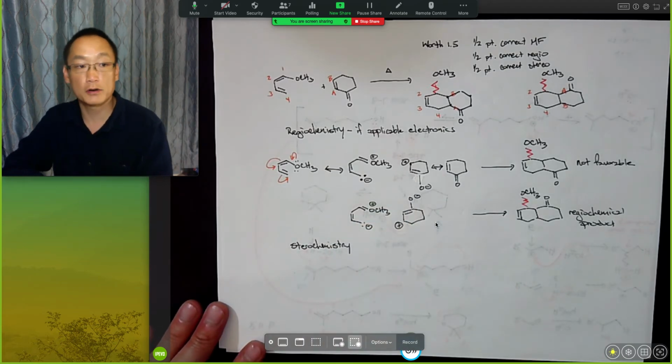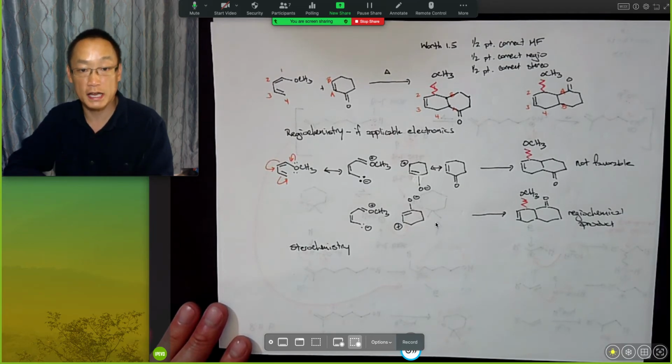and talk about the stereochemistry of that OCH3 portion of the molecule.